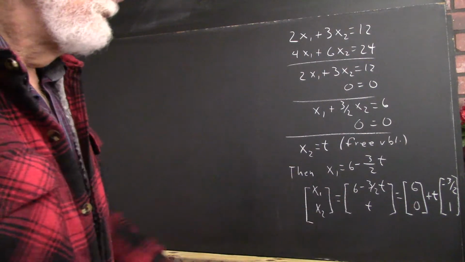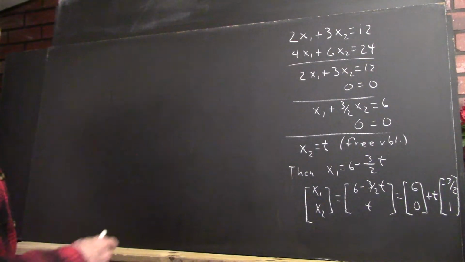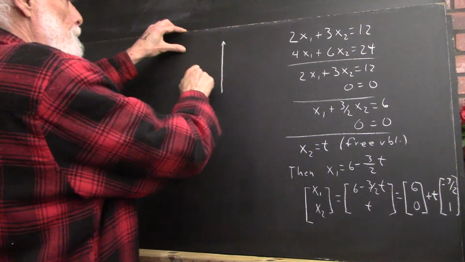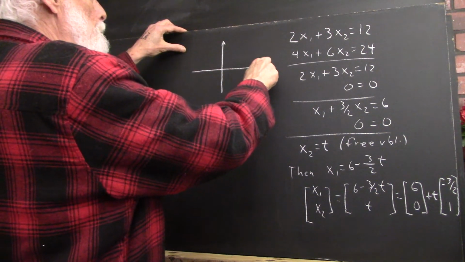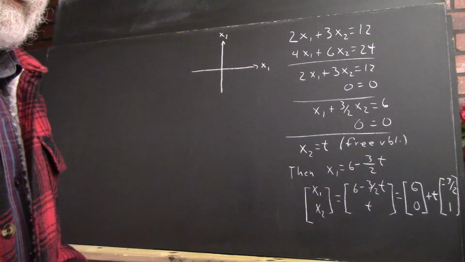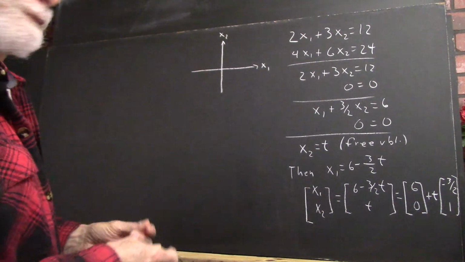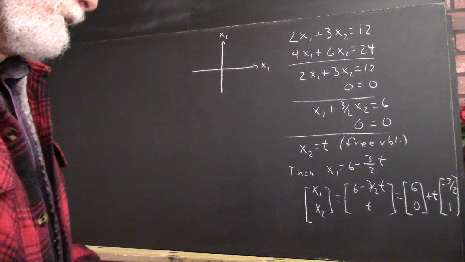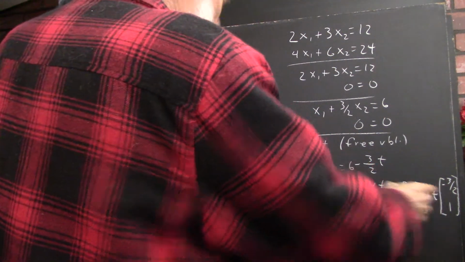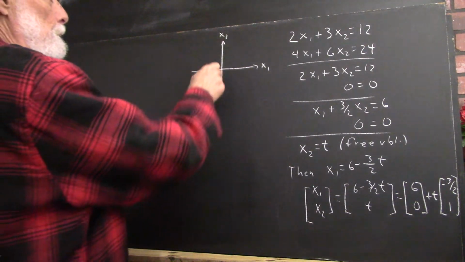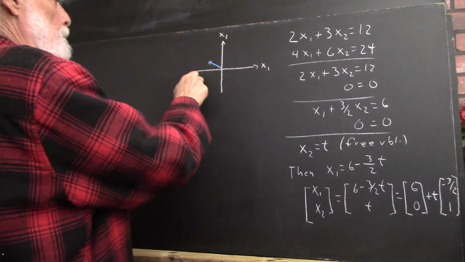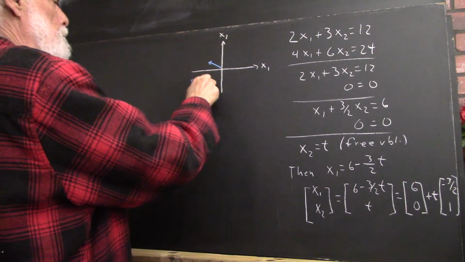Okay, so this means then in x1, x2 space, the vector negative 3 halves 1 is here. Okay, there's your vector negative 3 halves 1.